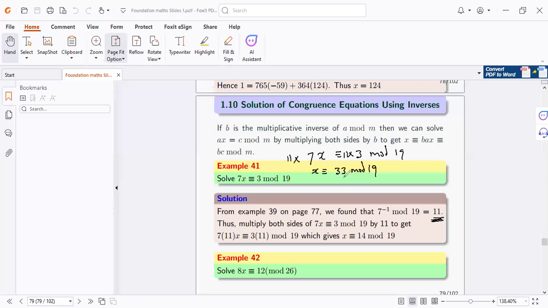But 33 is bigger than 19, so we reduce it and get the remainder. So the x there is 14. When you divide 19 into 33, the remainder will be 14.